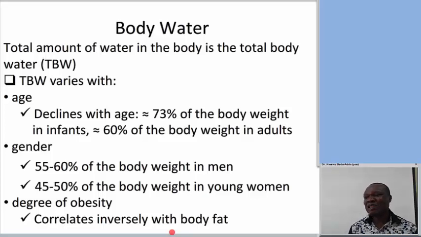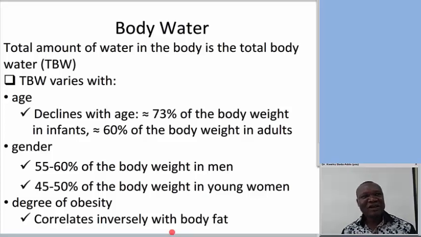So if we take the human being, a certain percentage of our weight is made up of water, and this percentage of the weight is called the total body water. Now, the total body water varies with age, gender, and degree of obesity.